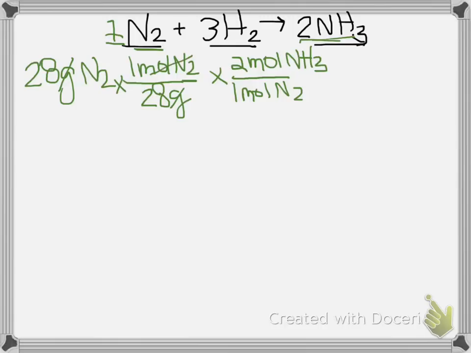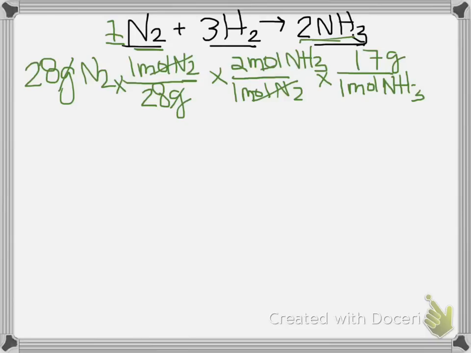Our next and final step will be converting these moles of NH3 to grams, since that's what they asked for. So now we'll add up the molar mass of NH3. Since we know that N is 14 and H is 1, and there's 3 H's, our total molar mass is 17 grams.